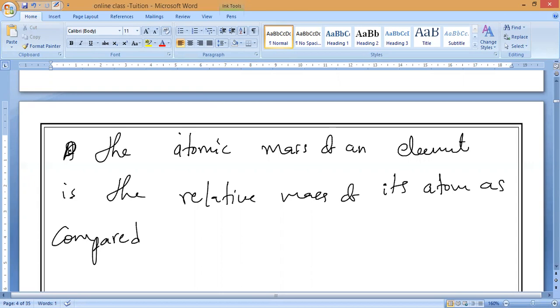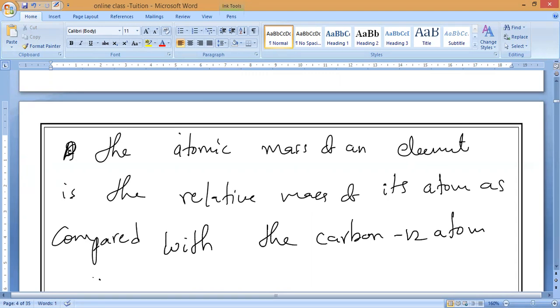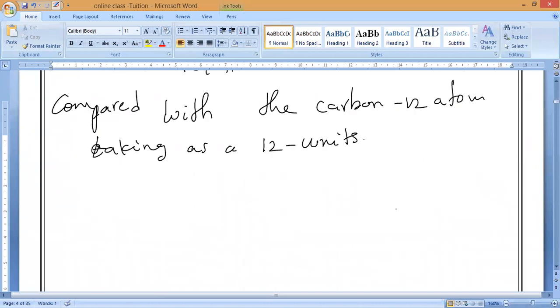Compared with the carbon 12 atom, taking it as how many units? 12 units. Understanding? Please respond. Yes, sir.